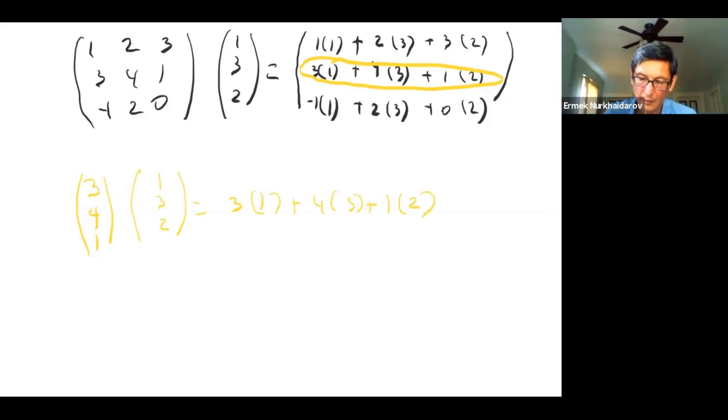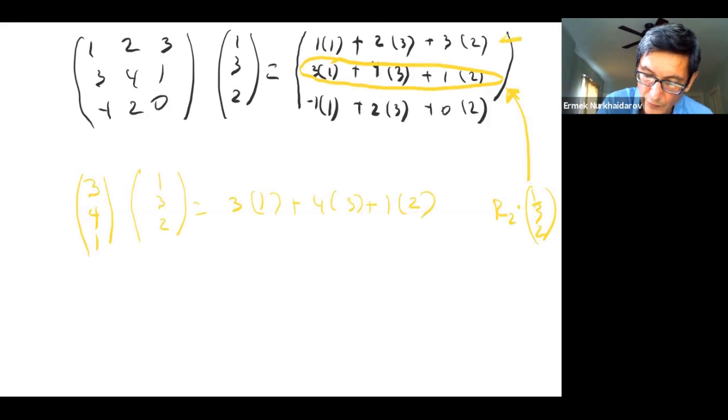Okay. So to get, for example, the second row here, that is row 2 times 1, 3, 2. To get the first one here, we do row 1 times 1, 3, 2. To get the last entry, it's row 3 from our matrix times 1, 3, 2.